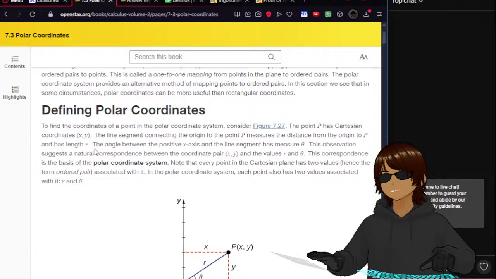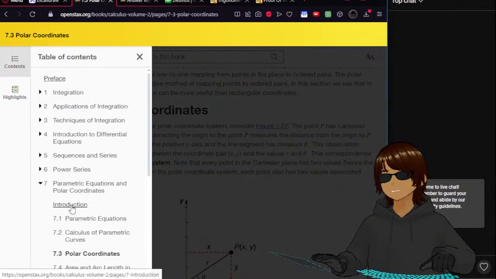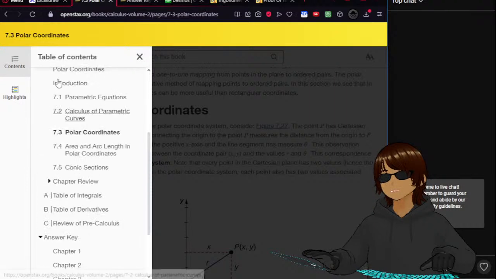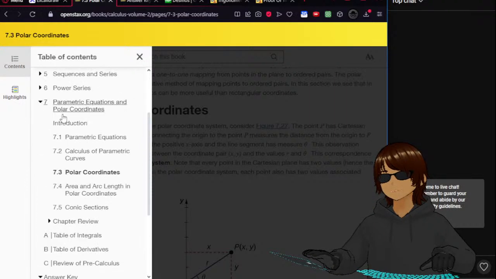I think let me just skim read this entire chapter. I just need to know the material, and then I might come back to it in later streams.